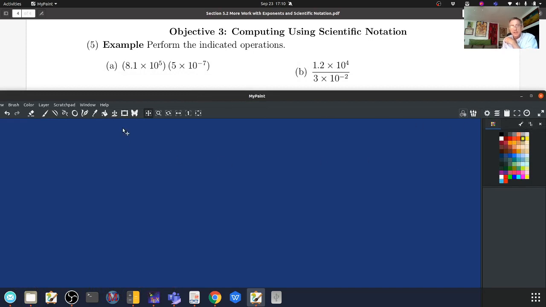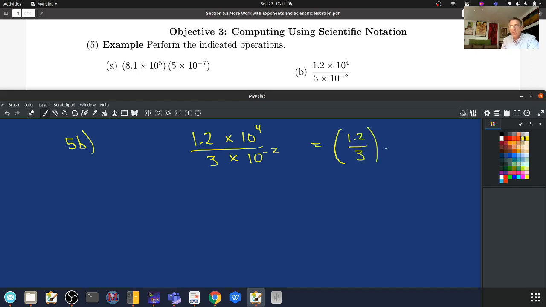So again, it looks much harder than it really is. So I have 1.2 times 10 to the 4th divided by 3 times 10 to the minus 2. Well, that's going to be equal to 1.2 divided by 3 times 10 to the 4th over 10 to the minus 2.